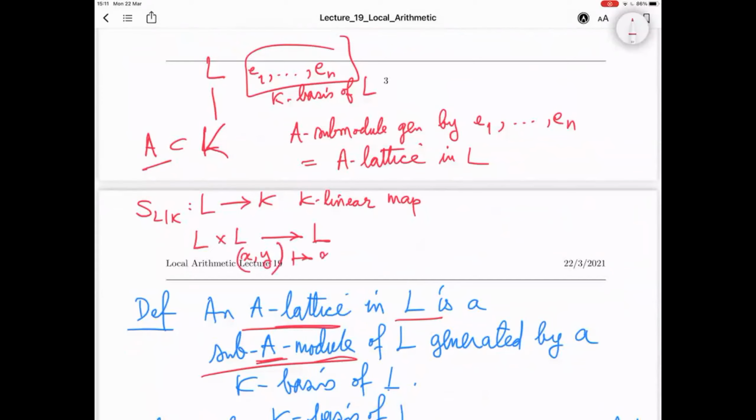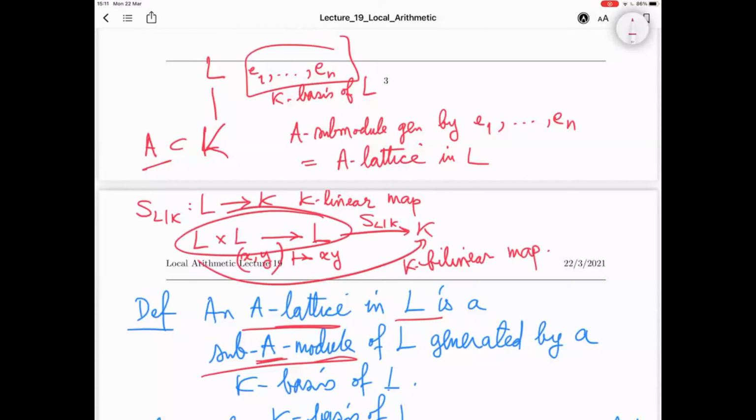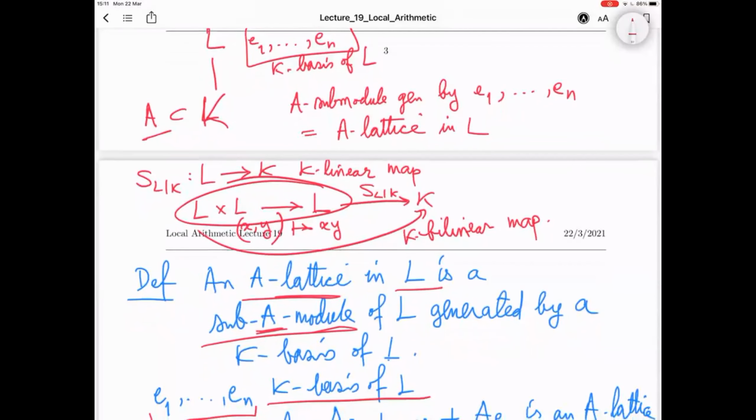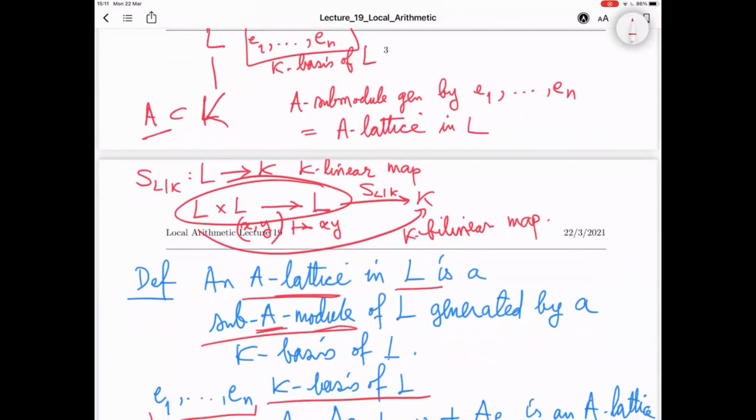Then I can apply the trace S L over K to get down to K. This whole thing is a K bilinear map, because the first map is K bilinear, which is part of the definition of an extension, and the trace is K linear, so the composite is K bilinear.